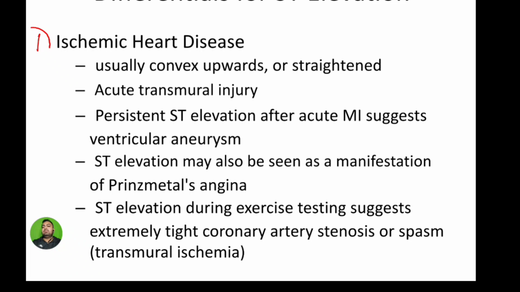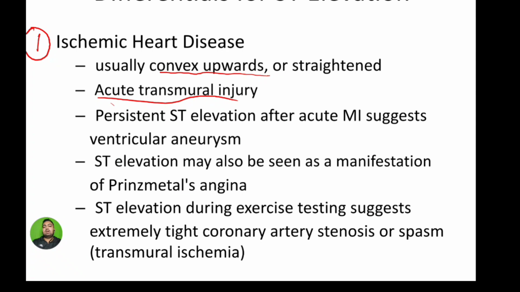For example, the first and most important is ischemic heart disease. Whenever there is ischemic heart disease and the ST elevation is convex upwards or straightened, it can be because of acute transmural injury, as we see in acute myocardial infarction.